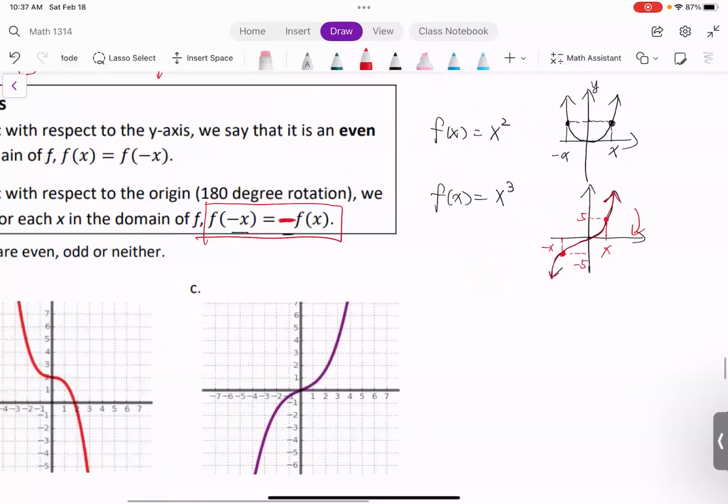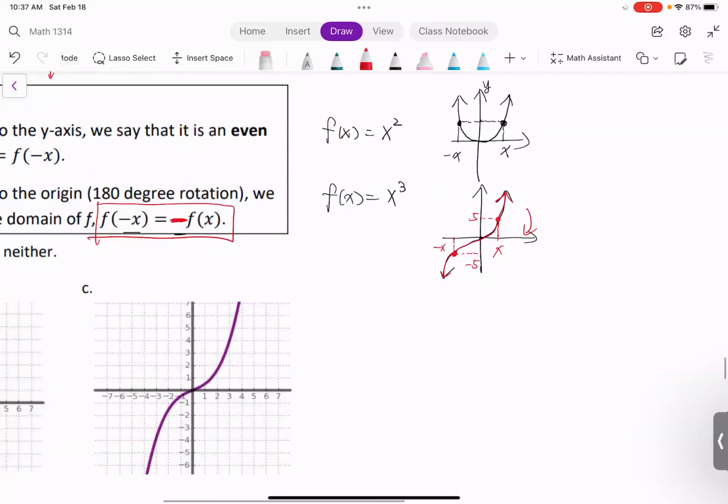Let me say this: if the input is positive 5 and I have a value like a triangle here, then if the function is an odd function, the input is negative 5, and the output is negative triangle.